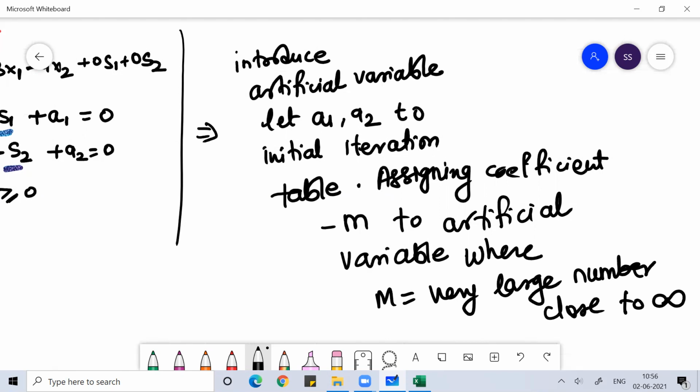So I'm assigning a coefficient minus M to this artificial variable, where M is a very large number, next to infinity.